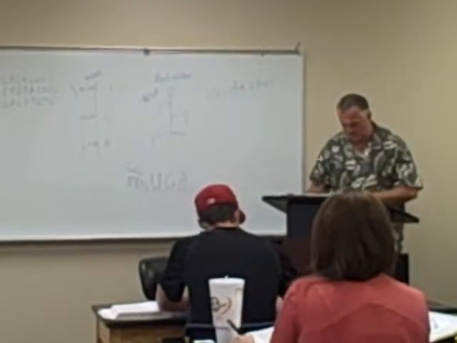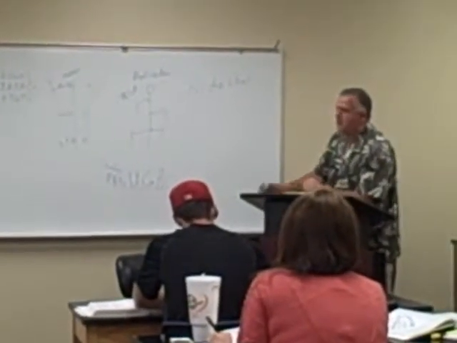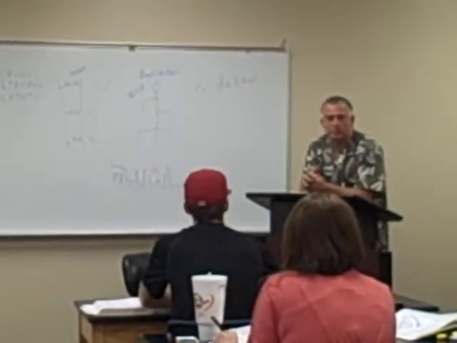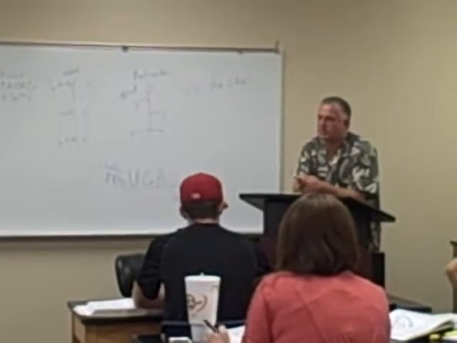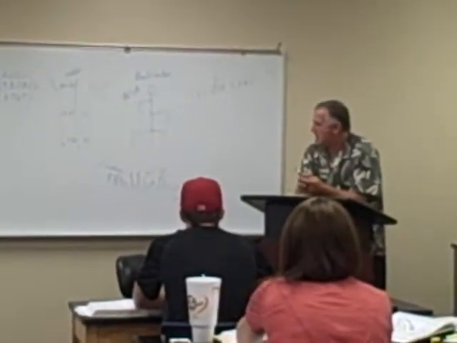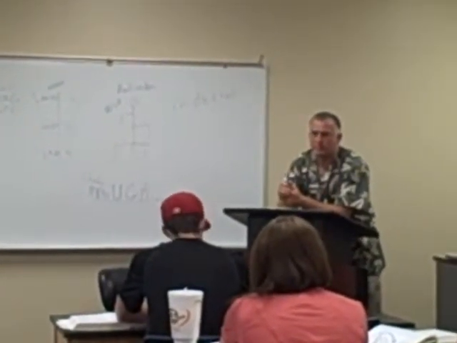Now let's talk about this for a minute. How many amino acids do we need to make a protein? 20. 20 is your magic number. 4 is not enough, 16 is not enough. If each one of these bases represented an amino acid, we'd only have 4.